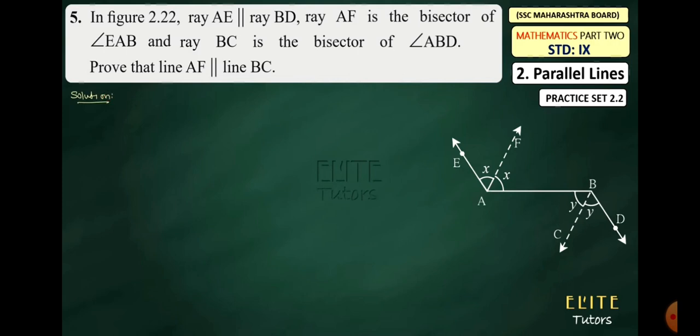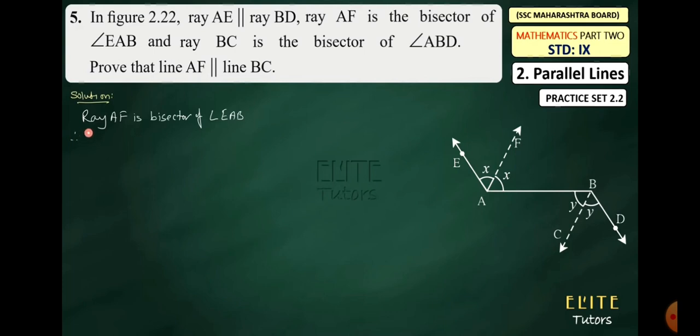Ray AF is the bisector of EAB and ray AF divides EAB into two equal parts, X and X. In angle EAB, two angles are there, EAF and FAB, and the value of both angles is X and X, which is given in the figure.